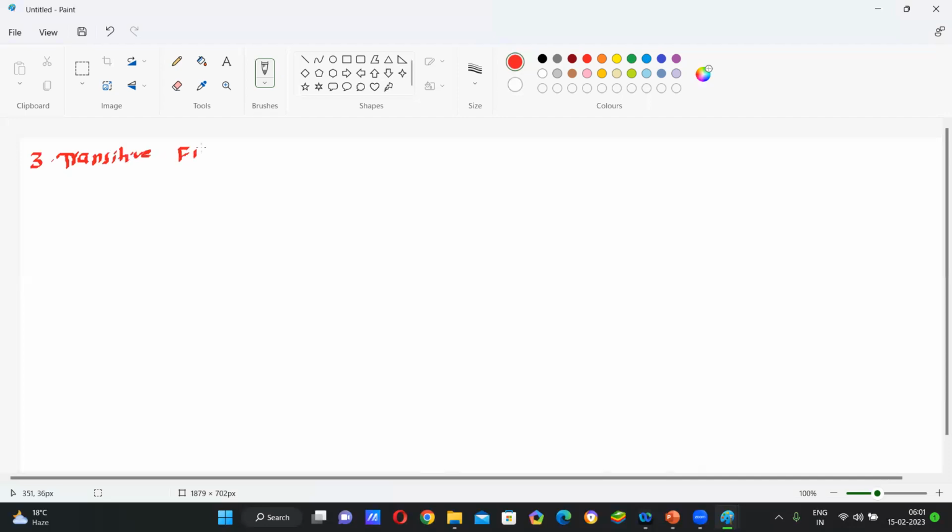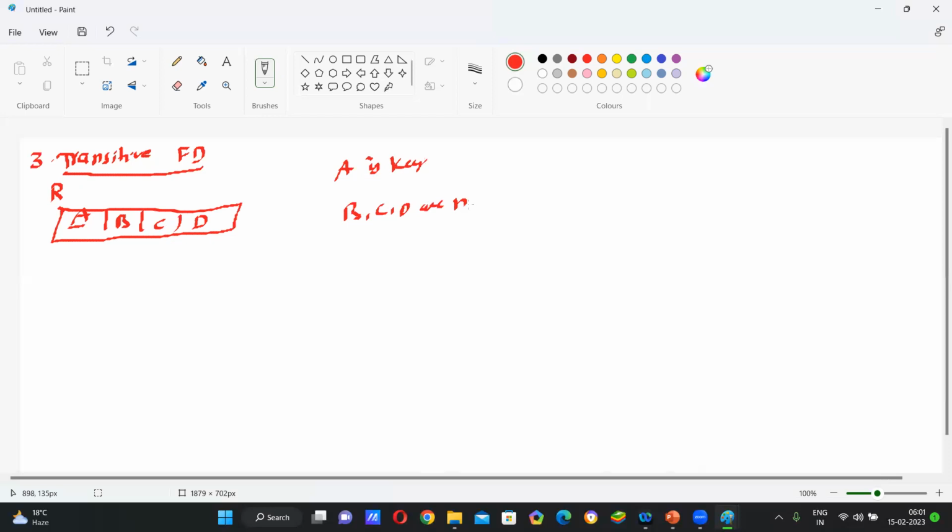Transitive functional dependency. Take one schema. Table name is R. Attributes are A, B, C, D. Assuming A is a key attribute, and B, C, D are non-key attributes. Now, A determines B. It is full functional, because a non-key attribute is depending on key.